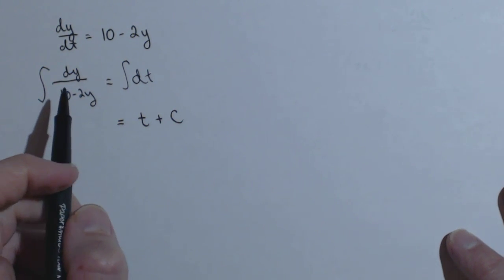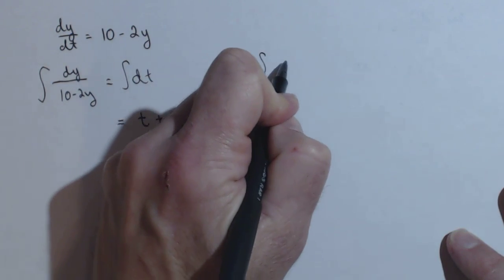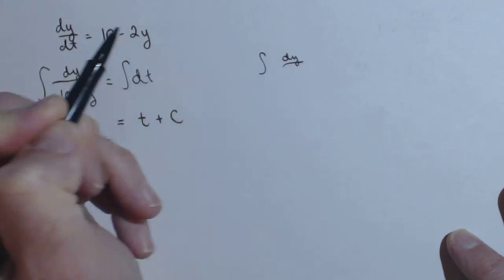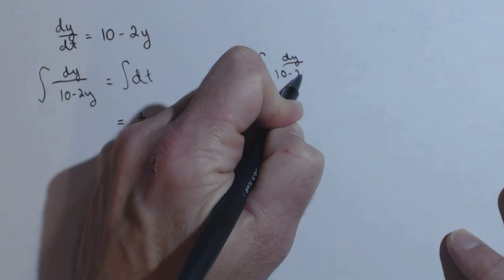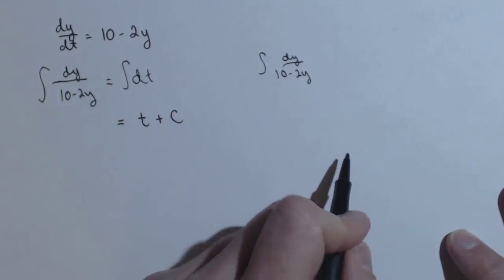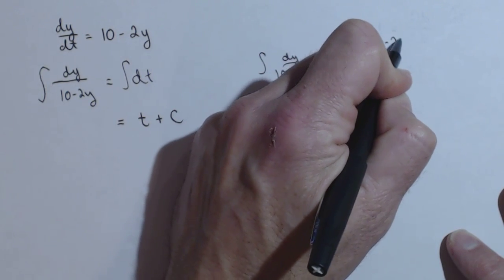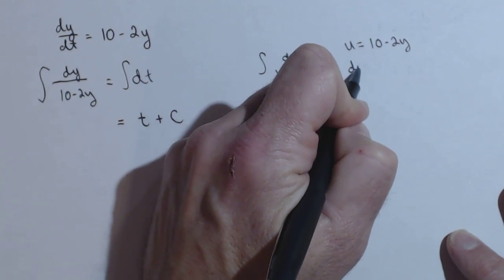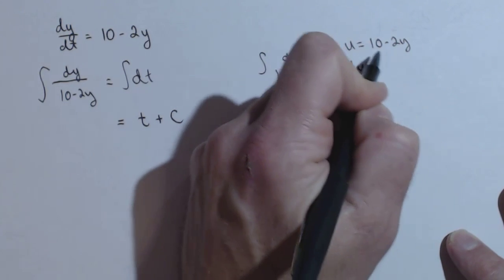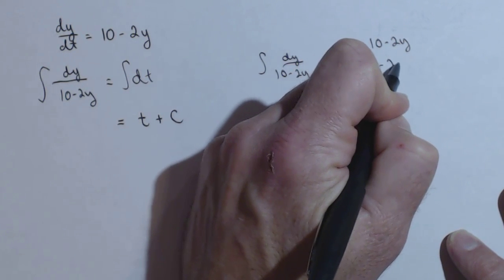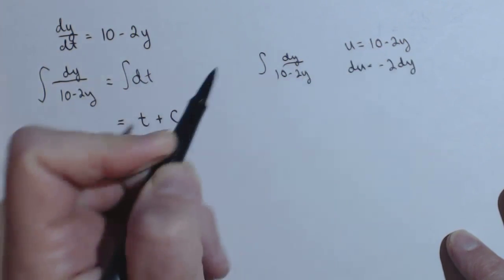It's actually not a bad antiderivative, but let's just do it over here on the side just so you can see where everything's coming from. 10 minus 2y. We could do this one with u substitution. So u equals 10 minus 2y, du equals negative 2 dy.